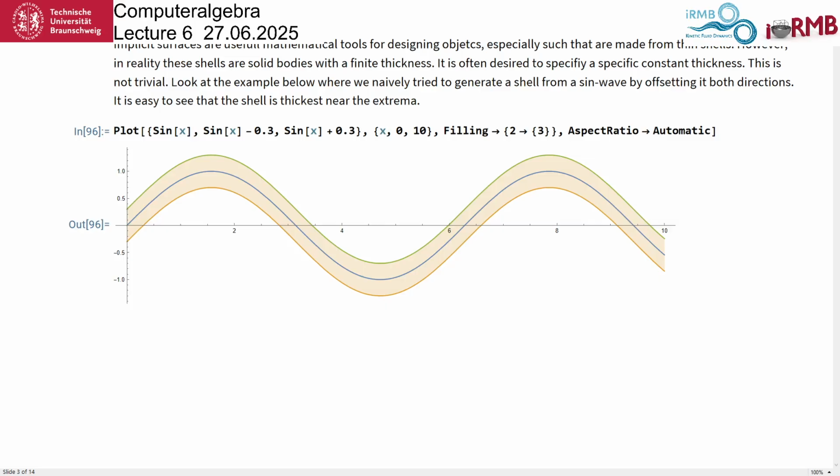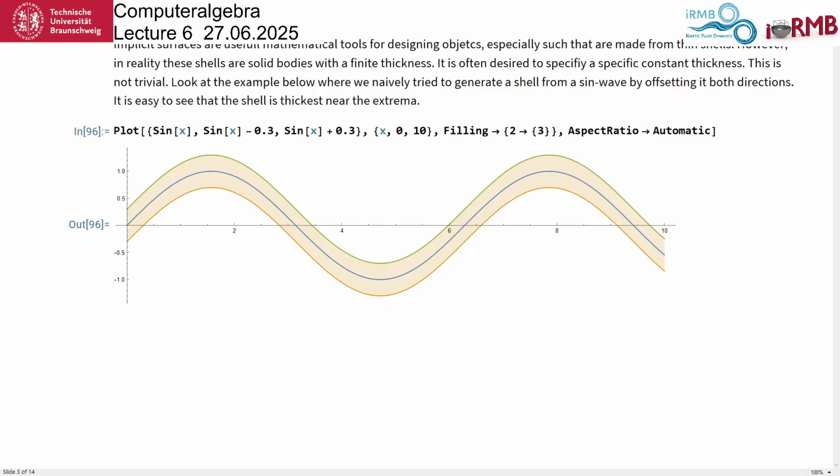But suppose, and this is often the case, you actually want to represent an object that is made up of the surface, like a wall. Then suddenly you have a thin object. Now you have the problem that mathematically your minimal surface is a mathematical surface, so its thickness is 0.